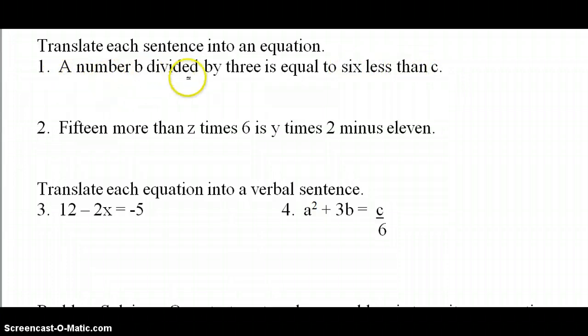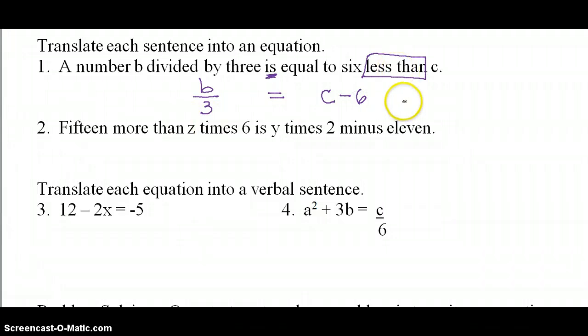A number b divided by 3 is, there's that word is, so that tells us to make it an equation. So b divided by 3 is 6 less than, whatever comes after than goes first, c came after than, so it was 6 less than c.